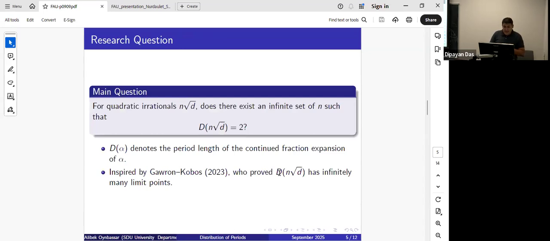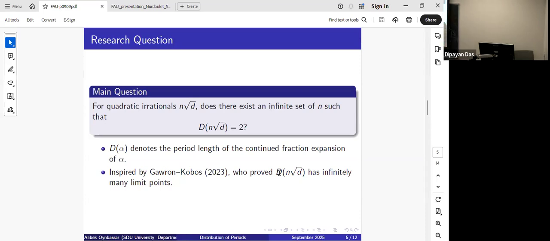The main question was inspired by Gauran and Cabos. By length, we mean the length of the periodic fractional part, as I said. If the length is 2, the question was: is there an infinite set of n such that the period will be 2?